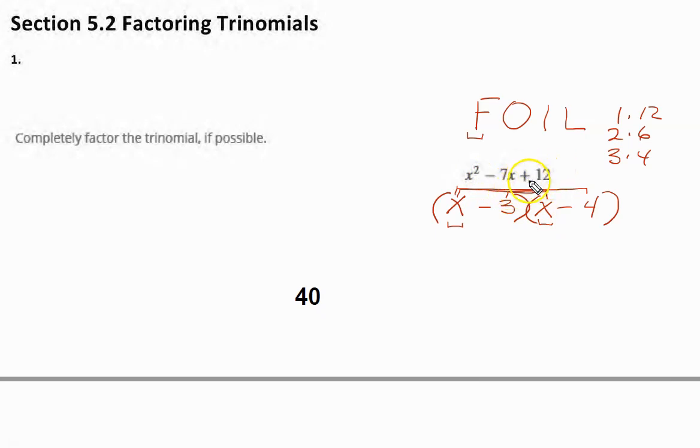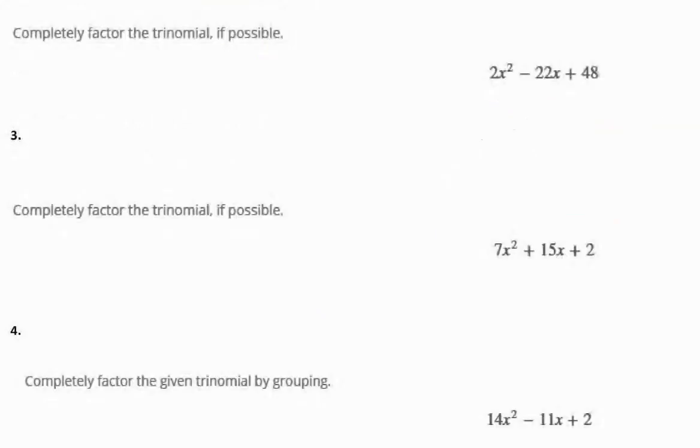And in order to get a +12, both of these signs had to be the same. So -3 times -4 is a +12. That's the first one. And again, in the flipped classroom lesson, we went over a lot of the protocol of this.